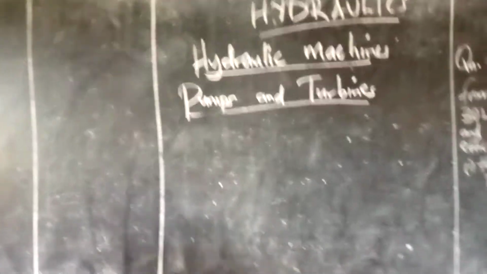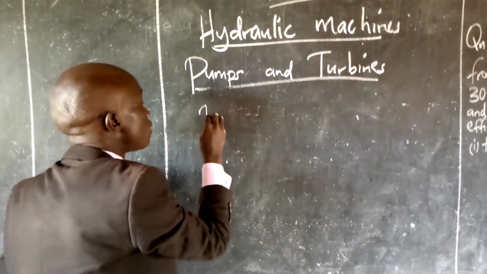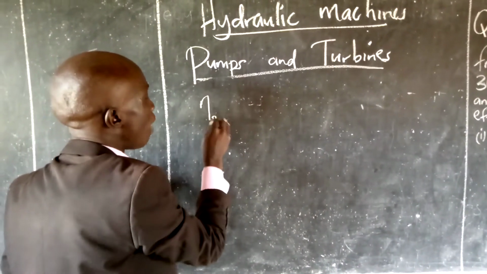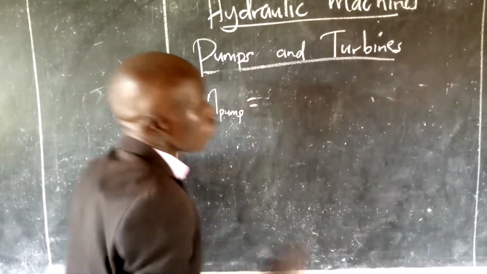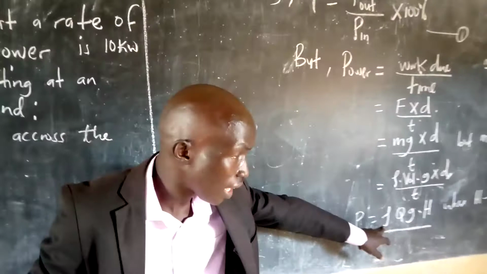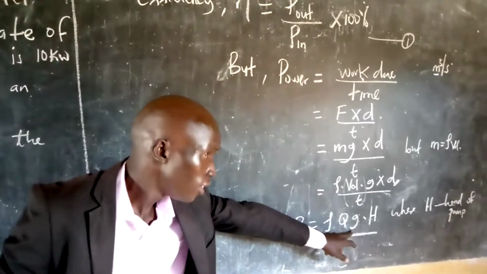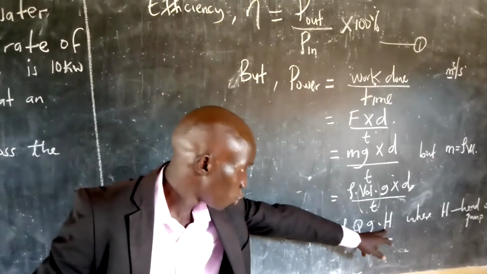So I can easily conclude that the efficiency of a pump, which is this symbol, is given by, so I will substitute this formula here, which is rho, the density of the water, and then the Q, which is the discharge, then the g, acceleration due to gravity, then the h, which is the head of the pump.